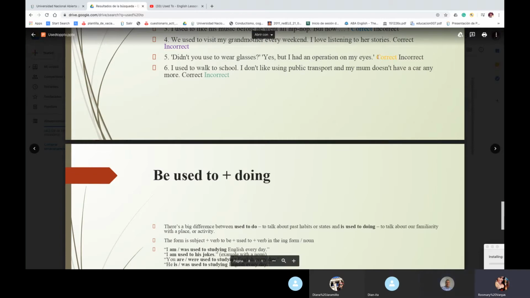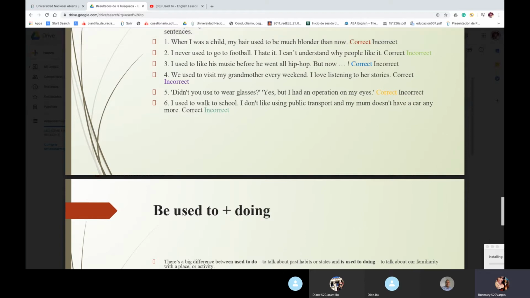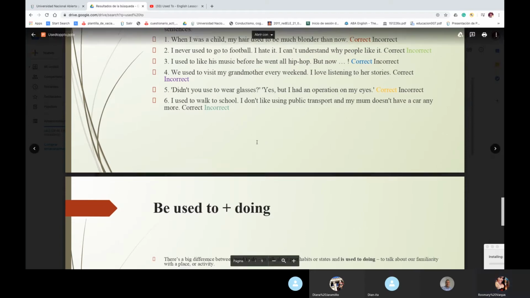So it's correct. Remember that in questions, we don't use the D. Let's look at the difference here. You used to, with the D, and for questions, we don't use the D.